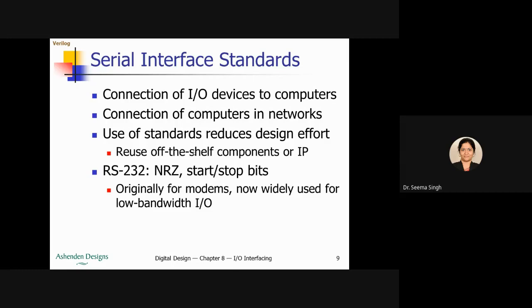Apart from RS-232, so many standards have come later. This is the most primitive standard. So RS-232 is number one out of the four we will be discussing. It uses NRZ, it uses start-stop bits, and it is used for low bandwidth IO interfacing.